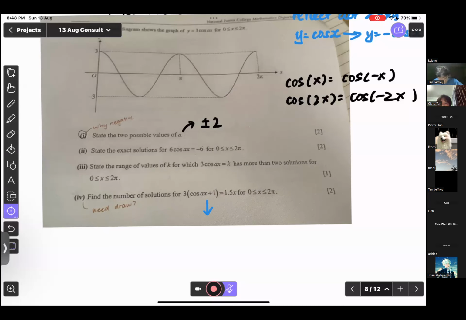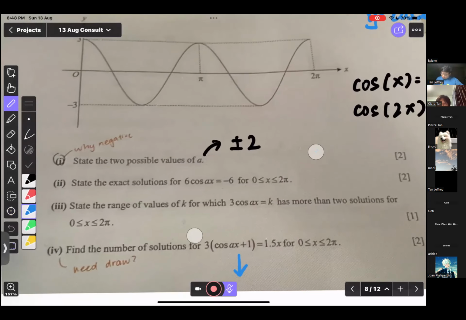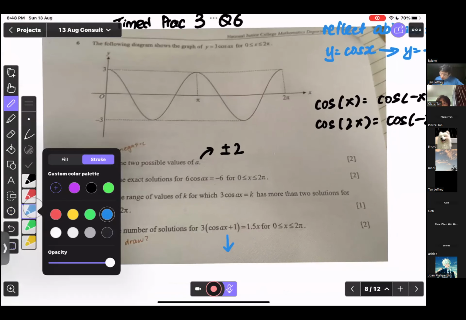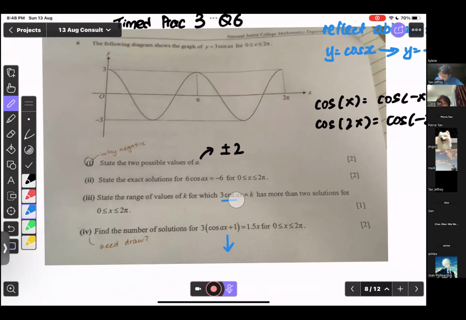Can you briefly explain part 3, the range? Why is it -3 to 3? Okay, so this is your first graph, which is on the diagram, right? Now imagine that this is another line that you draw, which is y equals k.